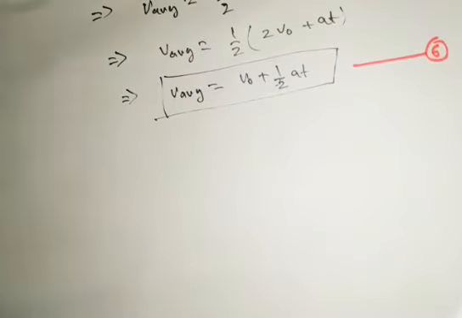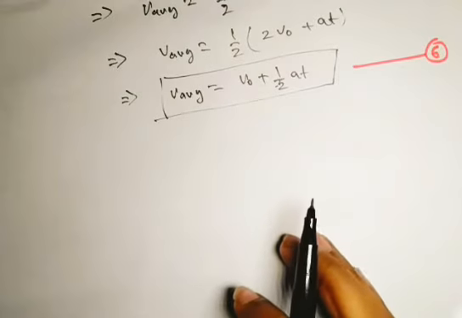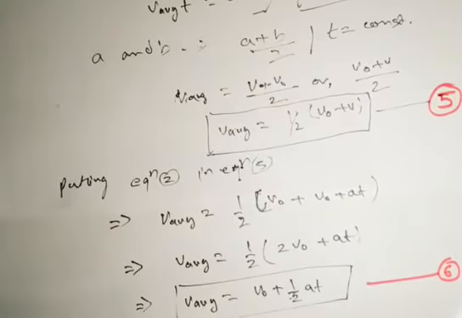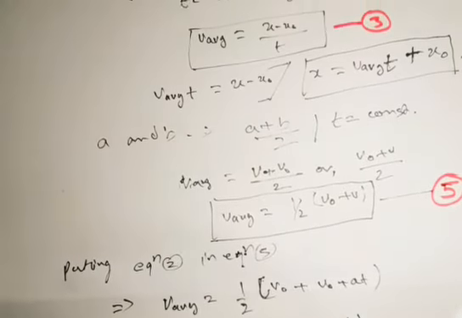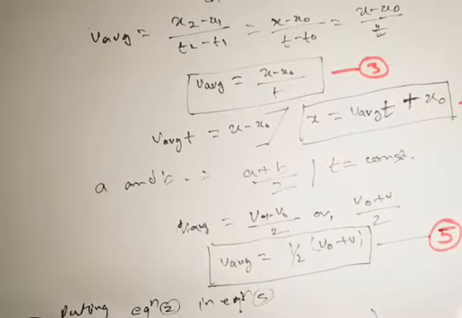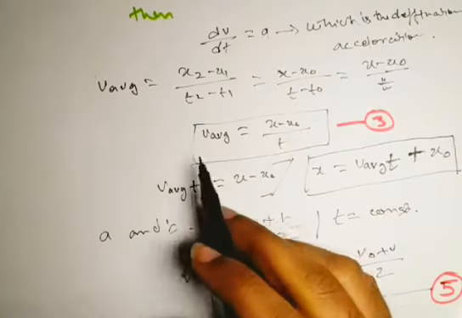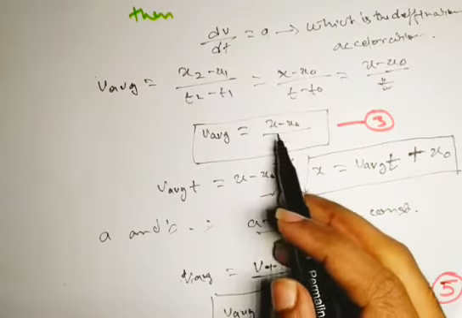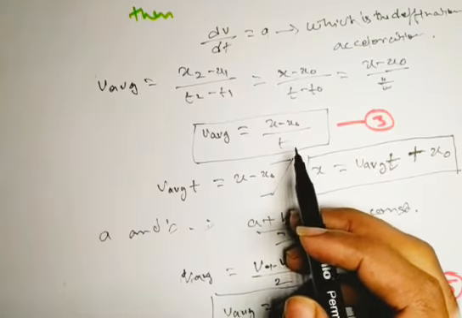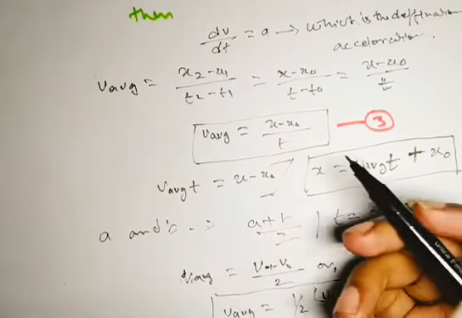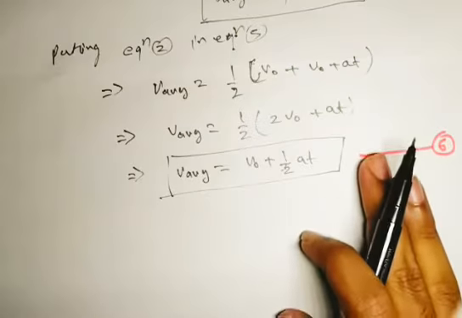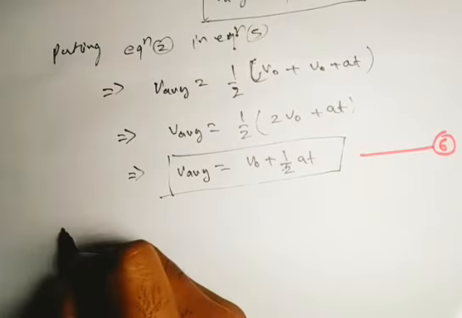Now moving on, substituting equation 3, where v average equals x minus x naught upon t, in the v average in equation 6.